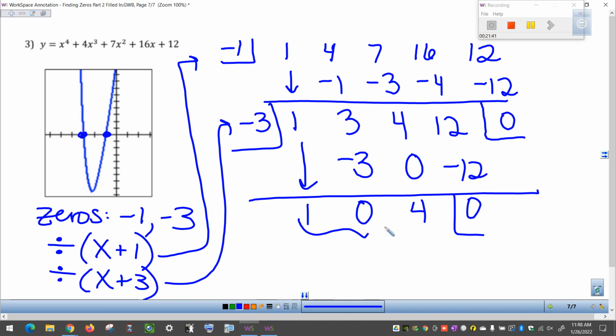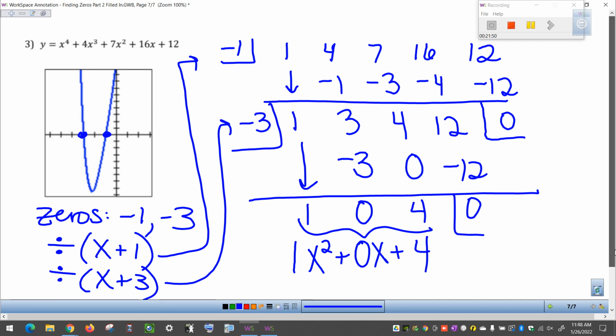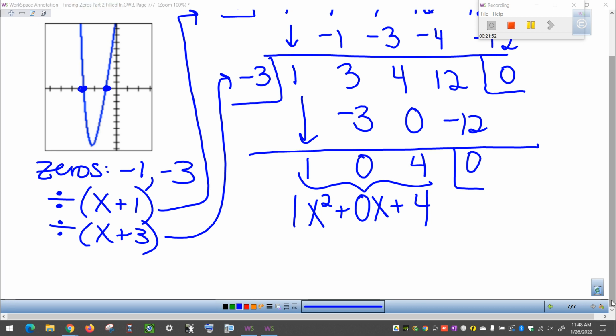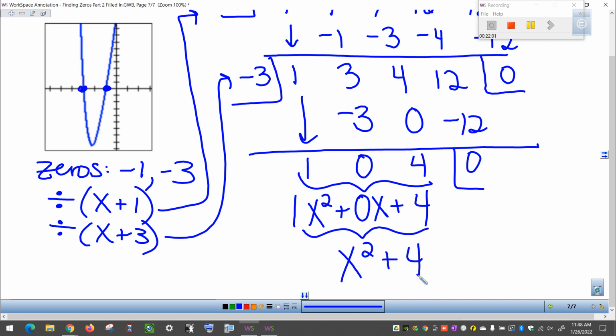So technically this is 1x squared plus 0x plus 4. And if we were to simplify that down, it's really just x squared plus 4.